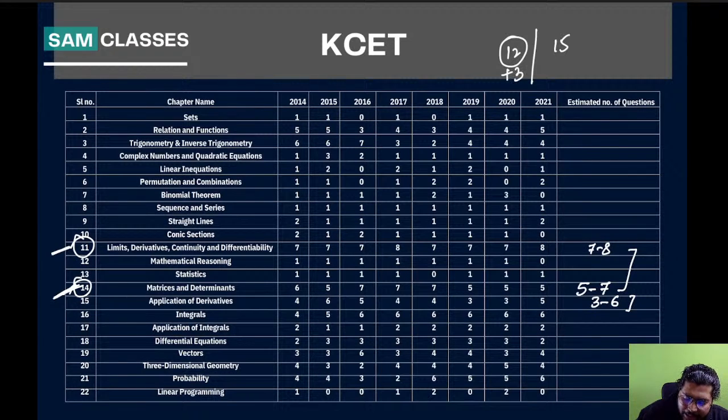Very simple. If I'm doing this chapter, till now I've scored around 15 marks minimum and maximum 21 marks. Clear, everyone?